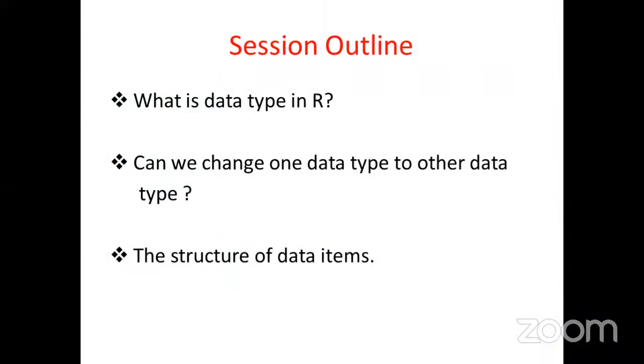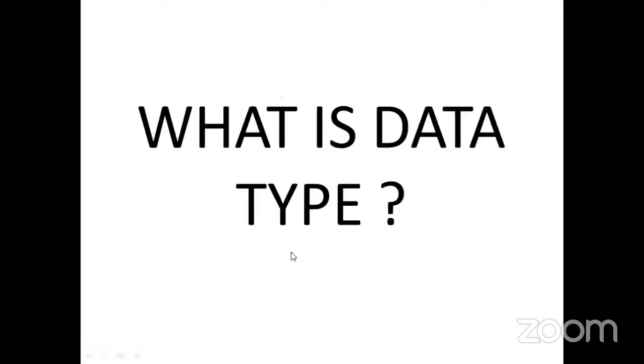Okay. So the first word that comes to our mind is, what is data type? Now a variable can store different types of values such as numbers, characters, etc. These different types of data that can be used in our codes are called data types.